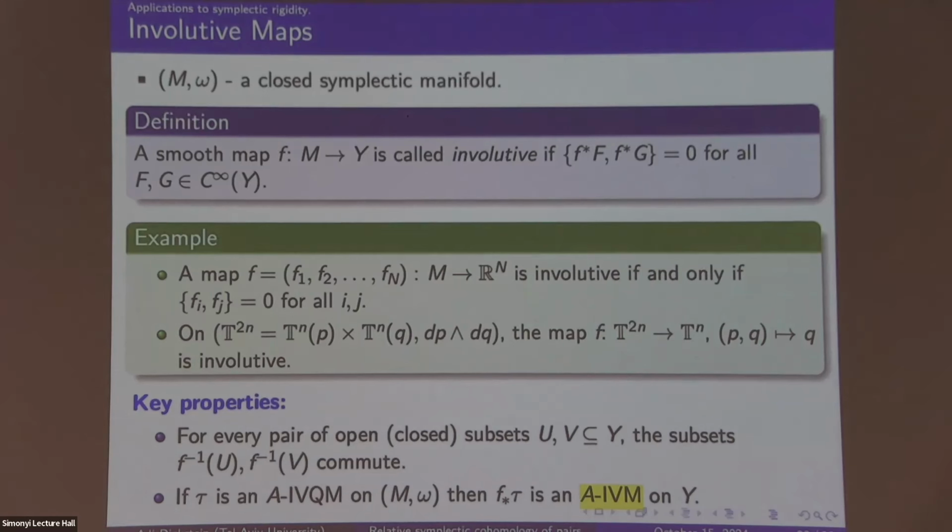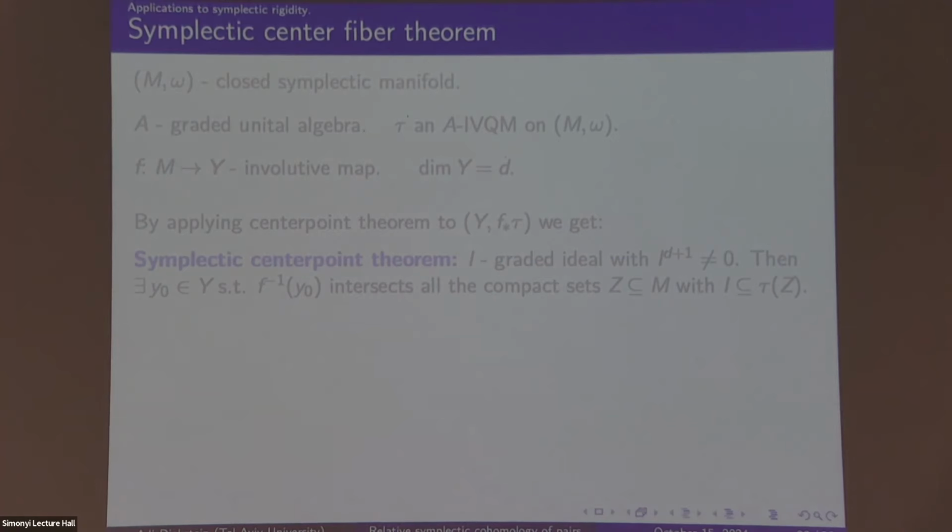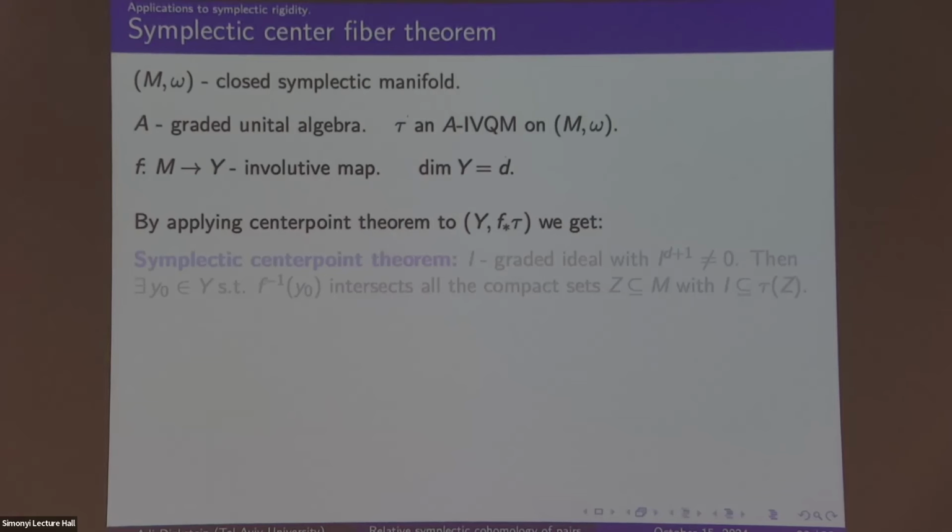Thus, we can apply the last theorem of Karasov and prove the following: given a closed symplectic manifold and an algebra and an IVQM on this algebra, and any involutive map F from M to Y, where Y is of dimension d, we can apply the abstract centerpoint theorem to the push forward of our IVQM.